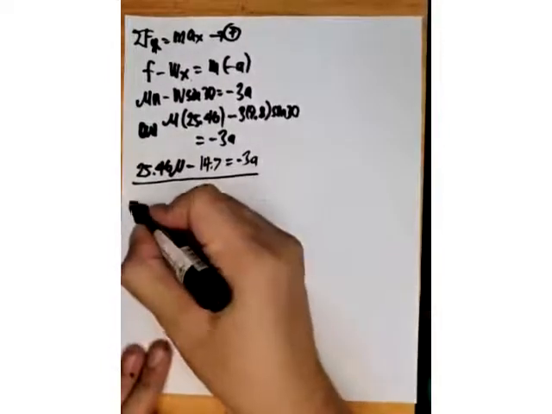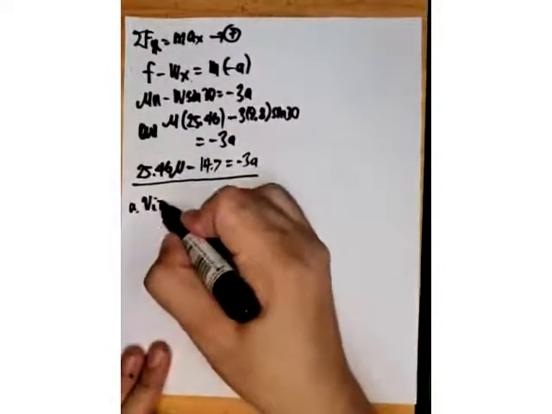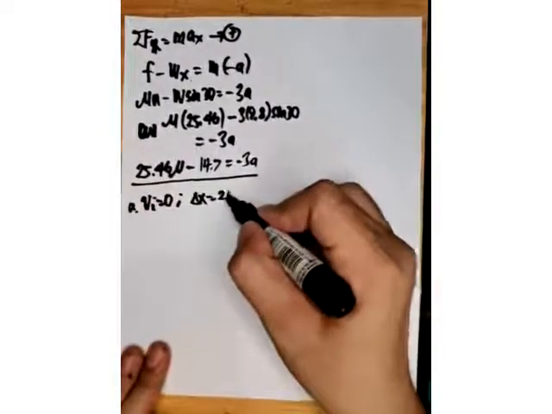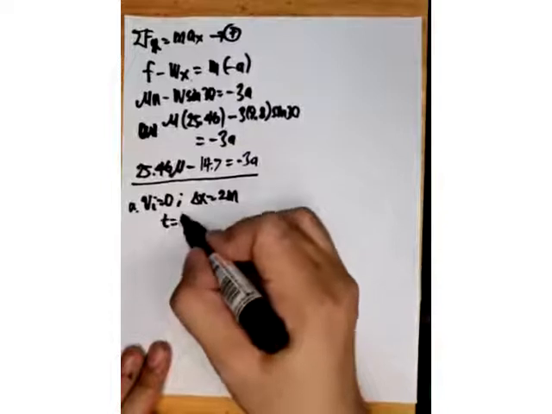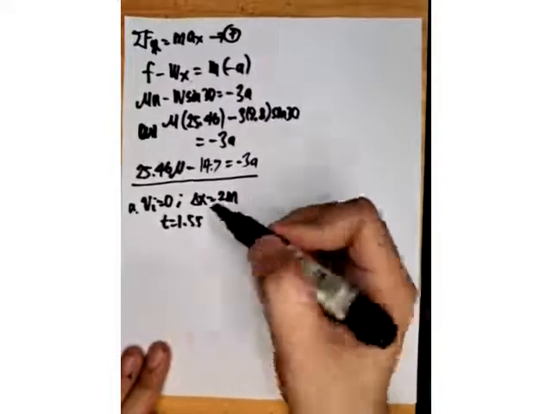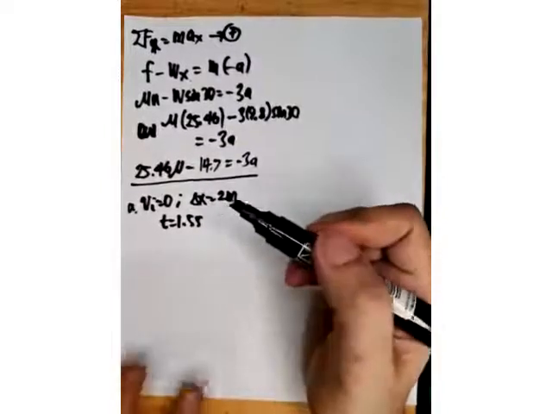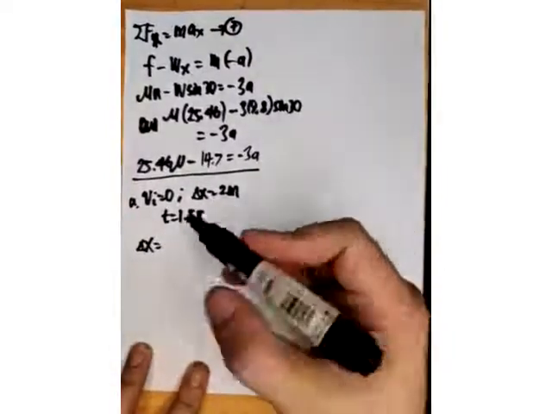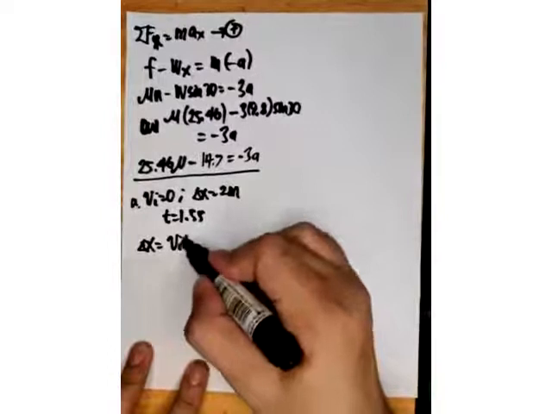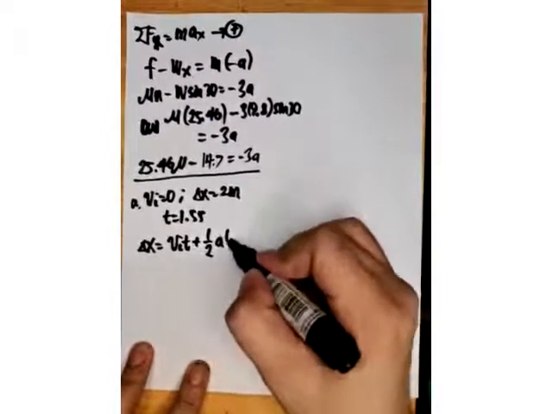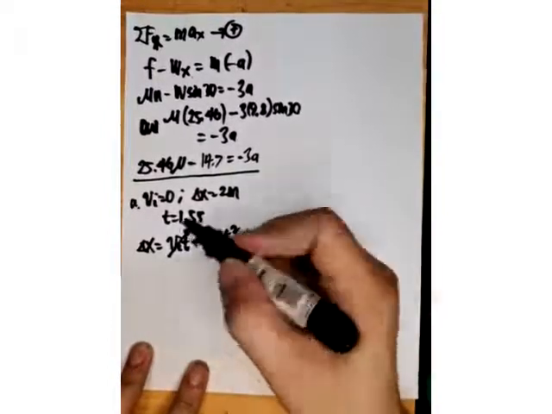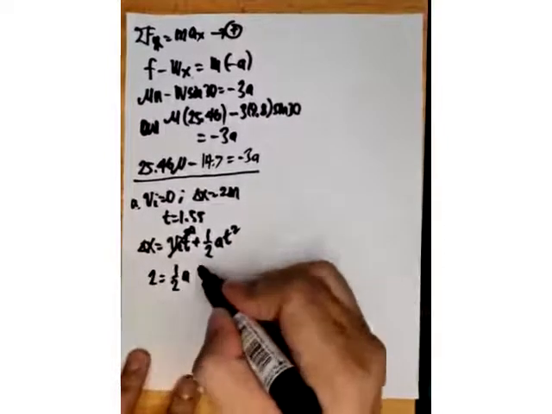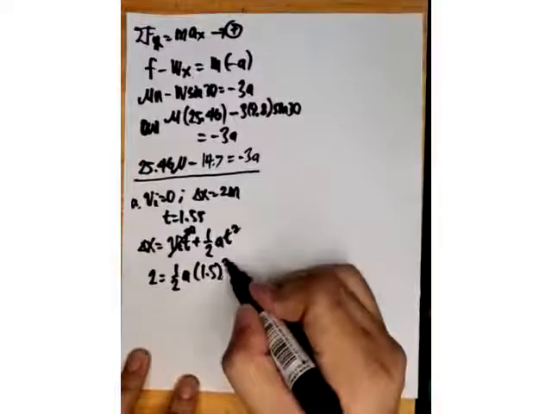So letter A, we're given that initial velocity is 0 because it started at rest. The displacement is 2 meters. And then the time is 1.5 seconds. So we can find acceleration. So we'll be using the kinematic equation delta x is equal to VIT plus 1/2 AT squared. But VI is equal to 0. So therefore, we have 2 is equal to 1/2 A times 1.5 squared.